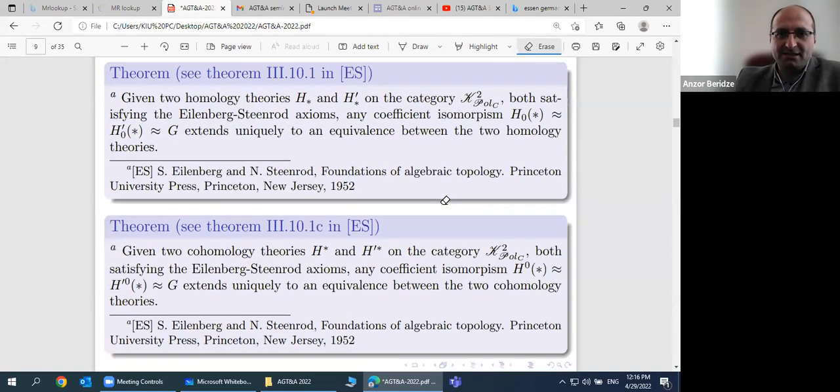what does it mean that these axioms characterize the homology and cohomology theory of compact polyhedral spaces? If we have two different homology theories on the category of pairs of compact polyhedral spaces, and both theories satisfy all axioms, then for each coefficient group, we have a unique such homology theory. We cannot construct two different homology theories if the coefficient groups are isomorphic.